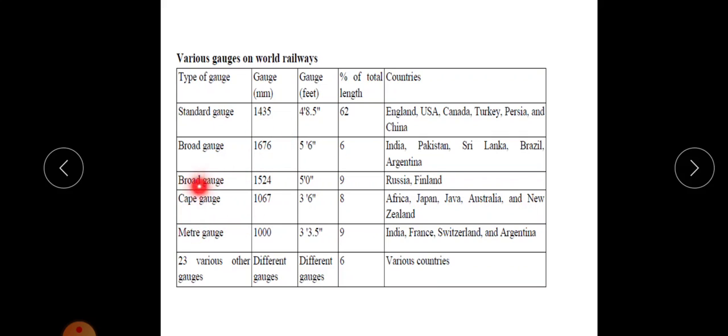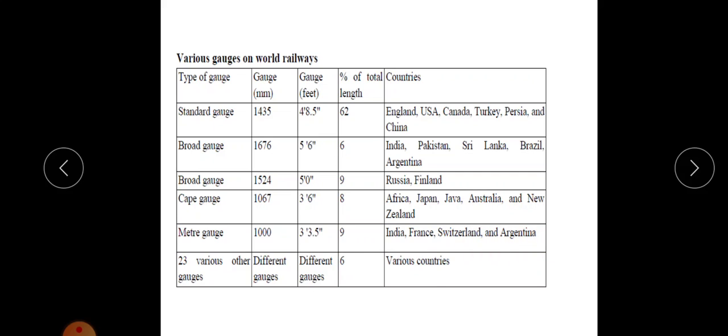And another type is Cape gauge, and the gauge length is 1067 mm or 1.067 meters. It is provided in these countries. Next is meter gauge. Meter gauge means the gauge distance is 1000 mm or 1 meter, and in total its percentage is 9% of the total railway length, and it is provided in India, France, Switzerland and Argentina.